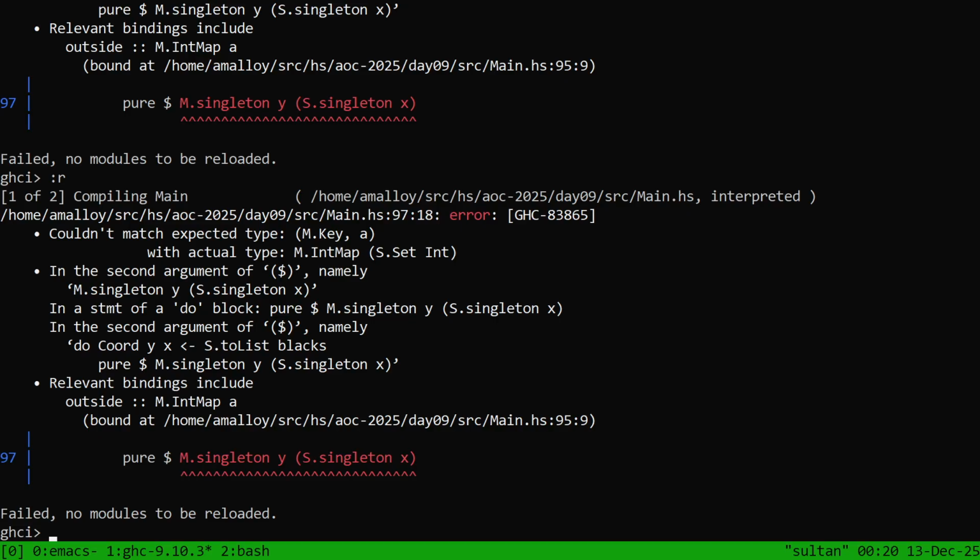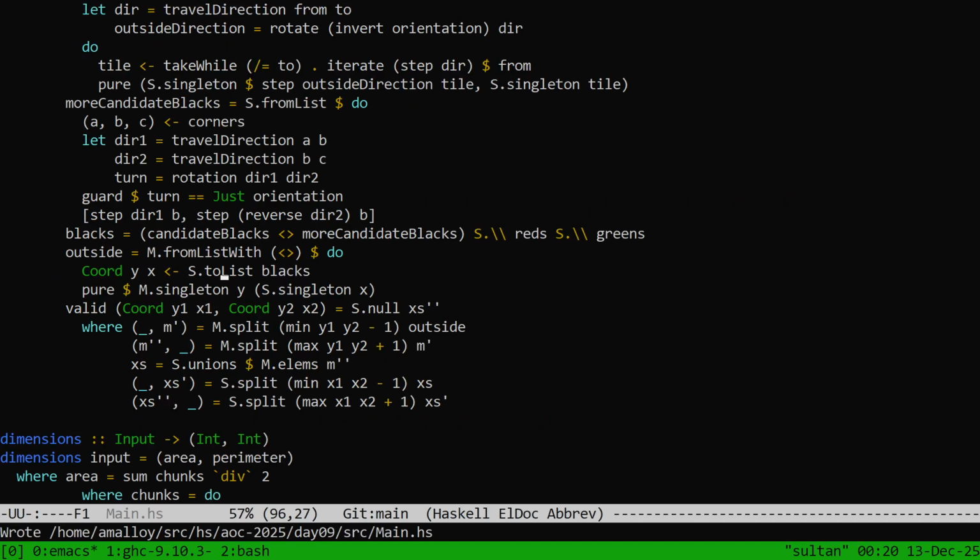What? Oh. Right. I'm already calling m from list with, so I shouldn't be calling m singleton here. I should be returning a tuple.